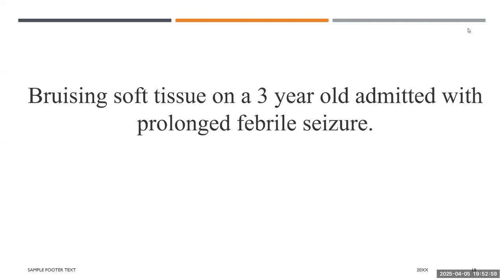Did the parent raise concern before about this bruise, or is there any clear explanation? And because the child had a prolonged febrile seizure, just to be sure the child is safe, is there any medical background which can cause these soft tissue bruises, such as a hematological or bleeding disorder? I will proceed with full blood investigations as well.